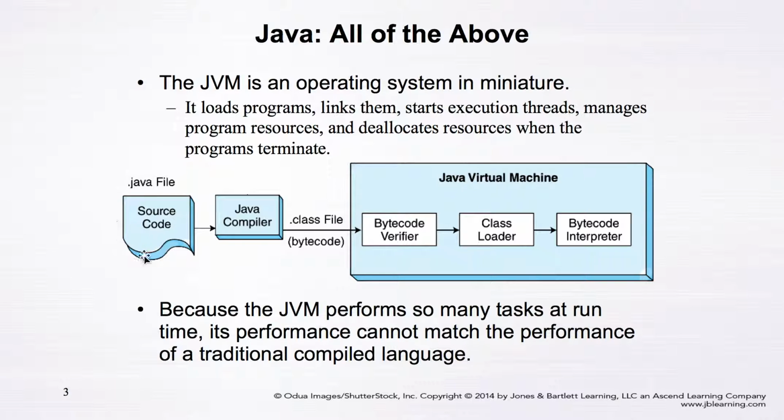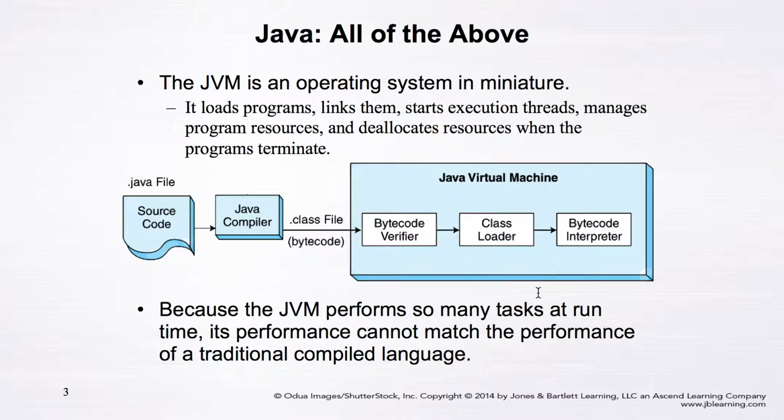So we have the source code right here written in the Java language. And then it goes to the Java compiler. It transforms the Java source code into the bytecode .class file, and then it is loaded into the Java Virtual Machine. So basically, we have the bytecode verifier, class loader and bytecode interpreter in the Java Virtual Machine.